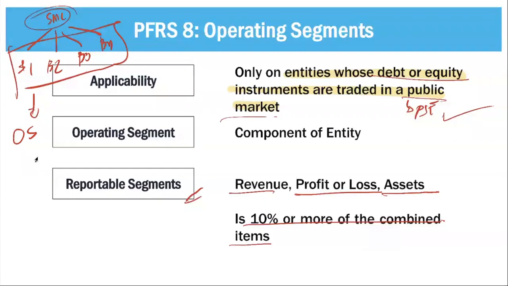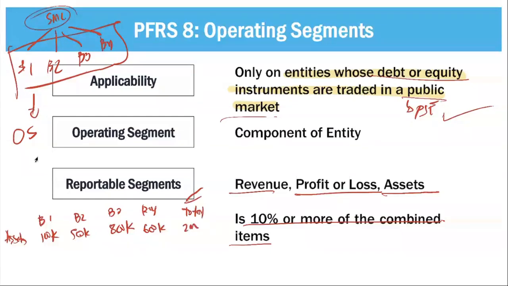So for example, business one, business two, business three, business four, assets: 100,000, 500,000, 800,000, and then 600,000. So this total is 2 million. Okay.